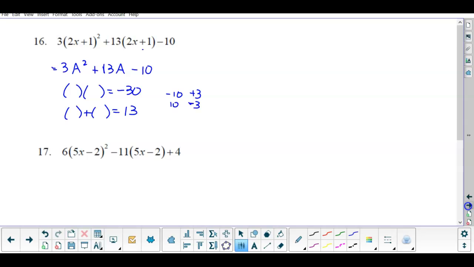But notice how they don't add to 13. Those don't work. So then think of other factors. Well, how about 15 and 2? So 15 and negative 2 add to 13, and they multiply to negative 30. So that will be these two numbers.